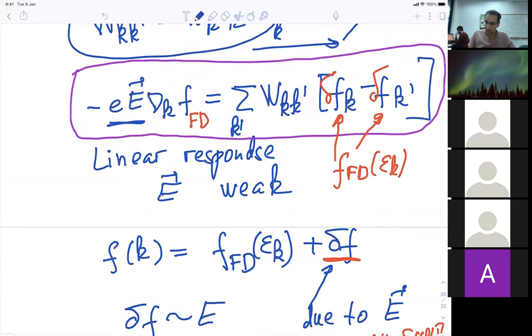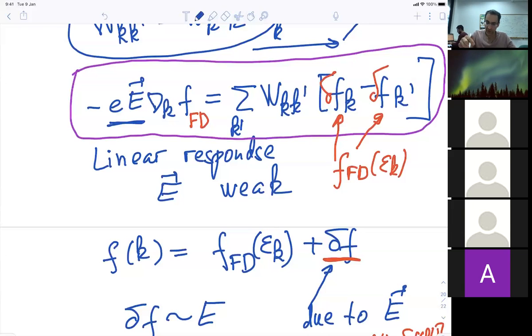There is a left-hand side of this equation which is known, and the right-hand side is an integral in the unknown function delta f that we need to find. Now, how are we going to solve this equation? That's the next story.